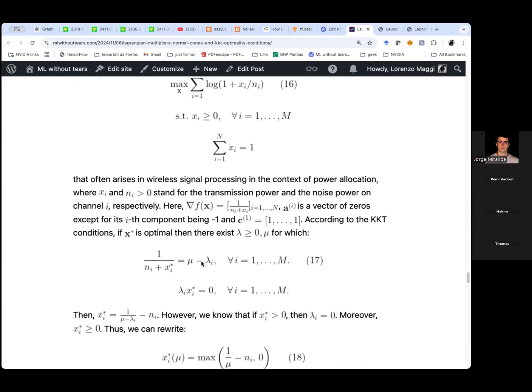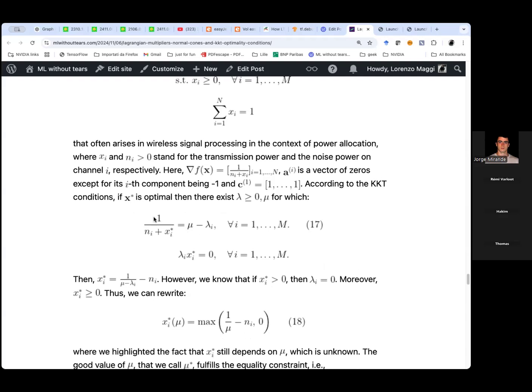And since we have this very sparse definition, if we write this vector relationship component-wise, we have this relationship, because only the ith component survives at this row. And this is the classic complementary slackness constraint.